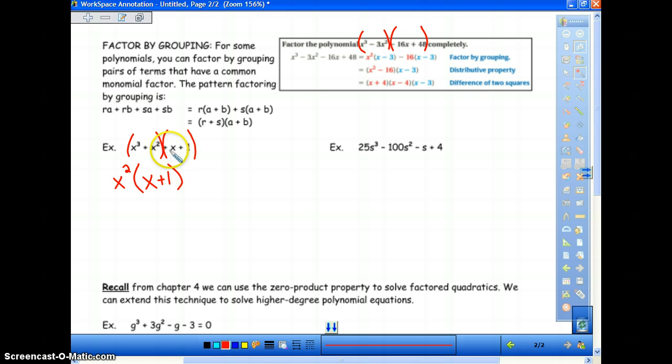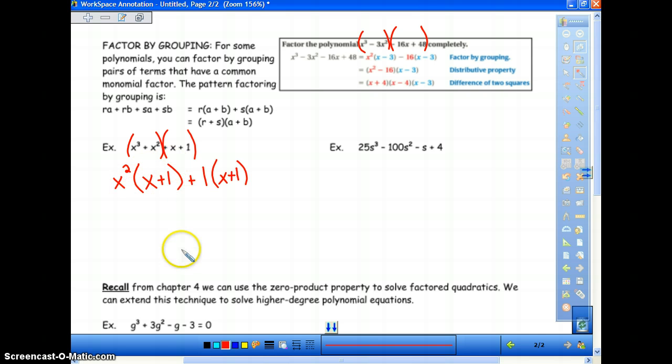So that's the first one. The second one is x plus 1. That cannot be factored any more than what it already is. So it's going to be plus, and then we're going to leave a 1 on the outside because we're just going to factor out a 1. And then the x plus 1 is going to be on the inside. So anytime you can't factor anything to the outside, you can just put 1.